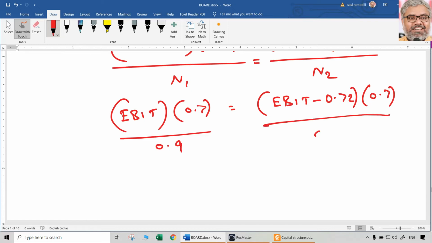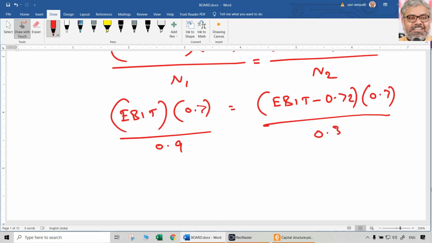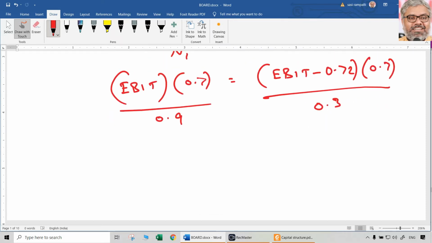In the second case, N2 is 0.3. So we have to solve for EBIT. We can just cross multiply. So 0.3 multiplied with 0.7 means 0.21 EBIT. This is cross multiplication.